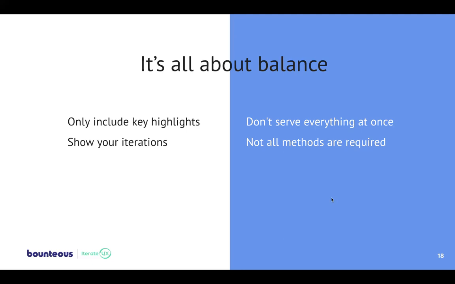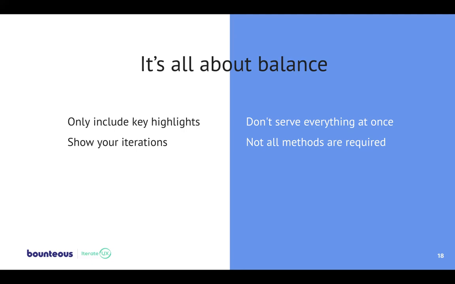And then, as I said here, don't serve everything at once. You don't need to include all the methods of your research. You might do personas, affinity mapping, and empathy maps in your actual user research while working on the project. You don't have to include all three. You could just include user personas, or just empathy maps. However, when you're explaining to the judges or the interviewer, you can say, we worked through personas and then empathy maps, and this is what we derived from it.